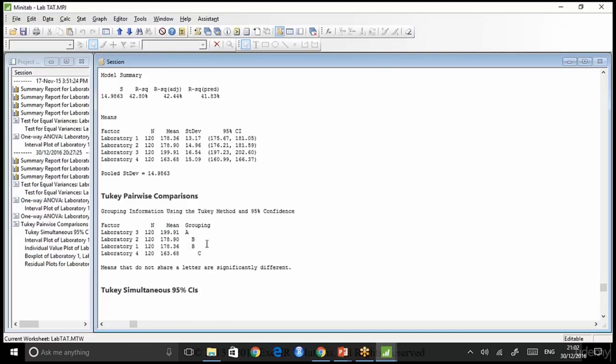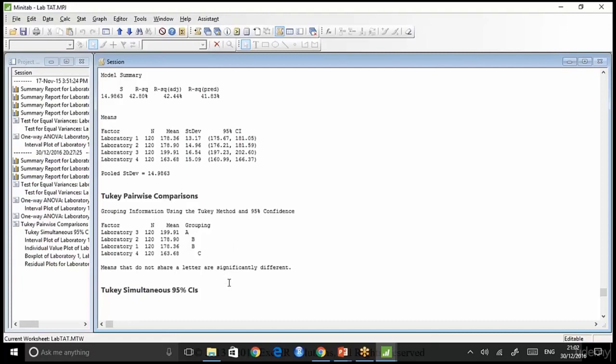Because both of these laboratories have the same letter associated with that, B, meaning this is a different group called A, laboratory 3. Laboratory 4 belongs to a different group called C, and laboratory 1 and 2 belong to a different group called B. So you have A, B and C there, right? So 1 and 2 are the same. That's fine.